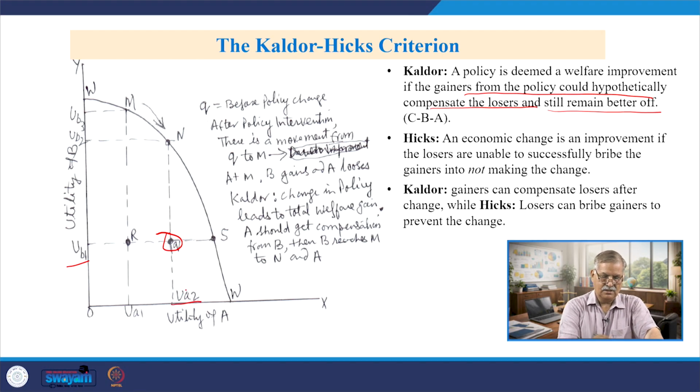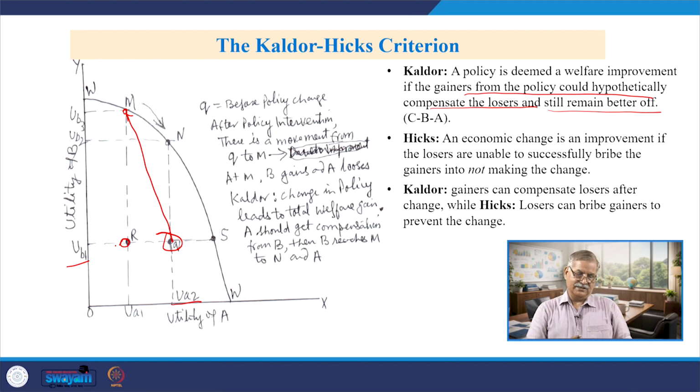So this is the level of utility at point Q. Now some policy intervention is made, and due to this the point Q moves to point M. So now the utility of B is increased and the utility of A is reduced.